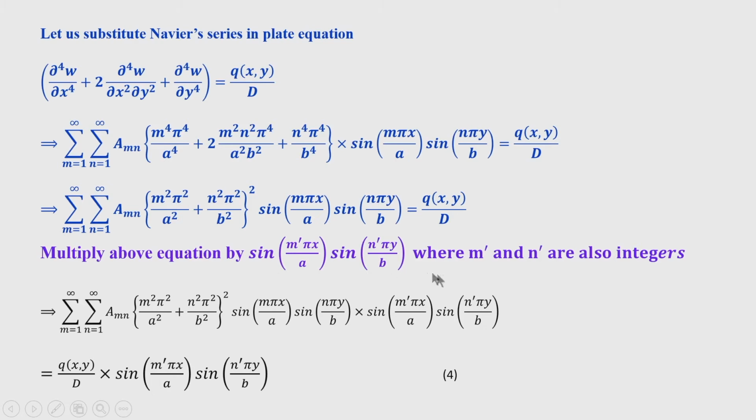Of course, this quantity is under summation. So, the summation is with respect to m as well as n, it is a double sum, and the right-hand side is q(x,y)/D, and due to multiplication of both sides, we also write sin(m'πx/a) sin(n'πy/b) in the right-hand side.